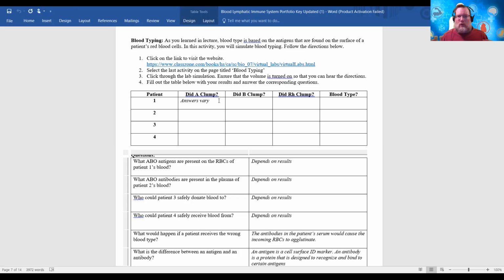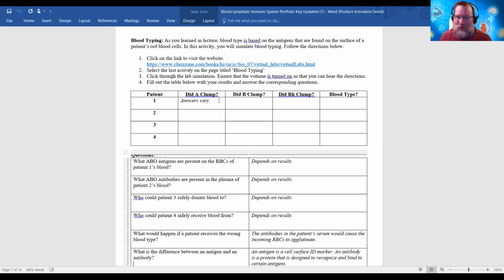What we're looking for is the presence of clumping, and it'll look pretty obvious when you see it. We looked at blood typing a little bit last week. The clumping or coagulation that you see is very obvious. When you put a drop of your reagent with the blood and stir it around, if nothing happens with the blood, then that's no clumping.